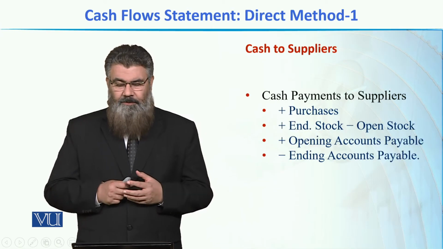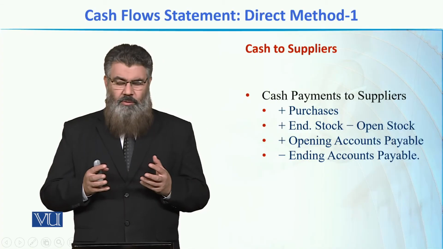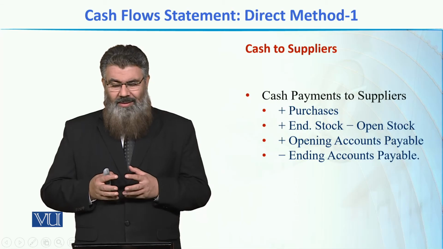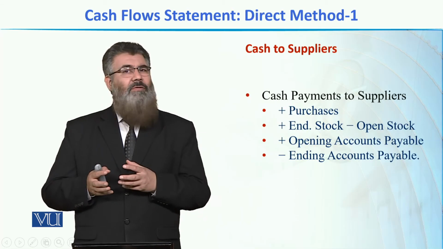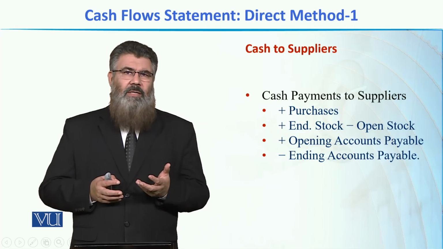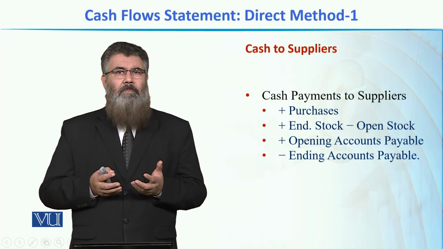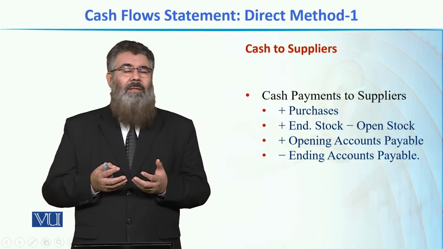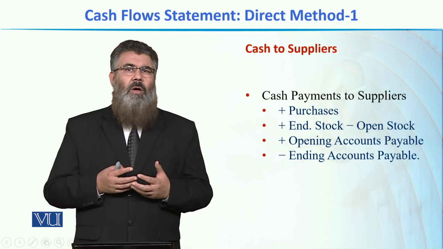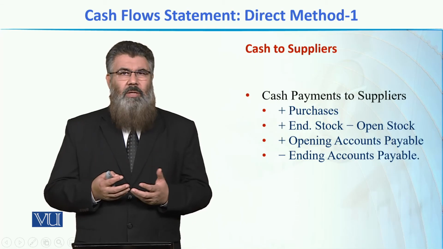The second one is related to the cash which is paid to the suppliers. Similarly, as we have calculated the cash which has been received from the customers, if we reciprocate it, if we just turn it the other way, कि जहां पर हमें पेमेंट करनी होती है, that is related to purchases. जब हम चीजें खरीदते हैं तो हमें सप्लायर्स को, वेंडर्स को कैश पे करना होता है.